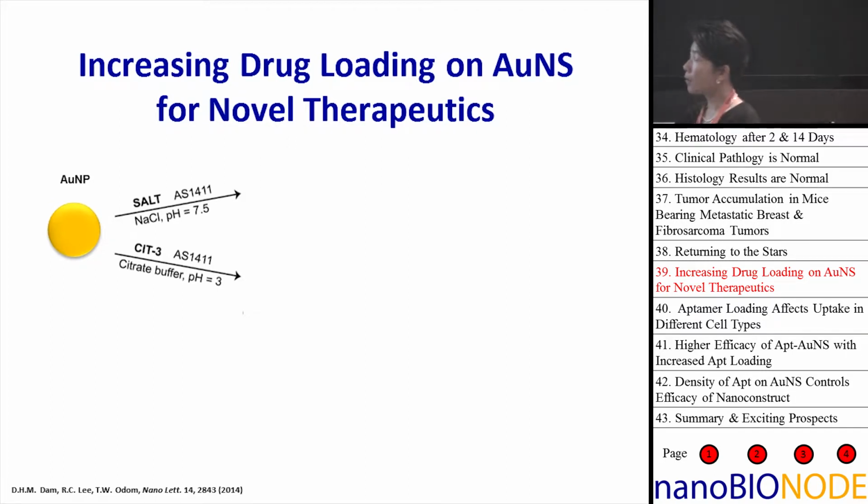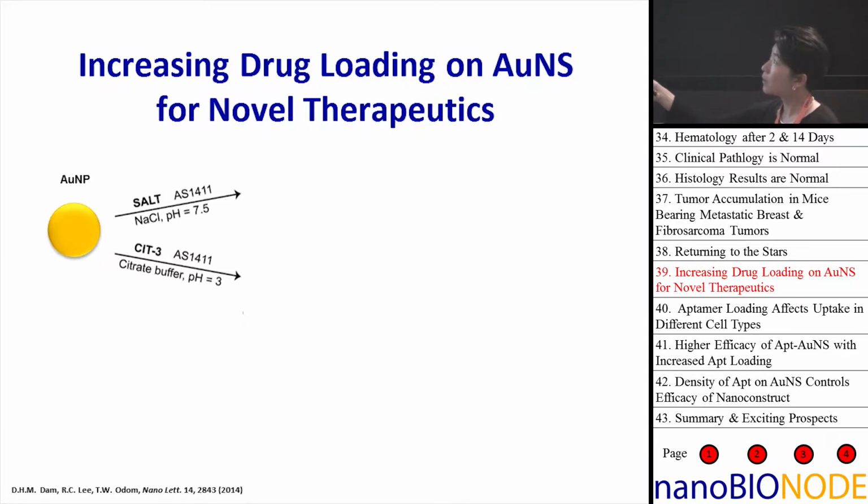But the other problem that we had found is that using this process to attach the DNA to the surface takes a really long time. There was this technique pioneered by Chad Mirkin, where you have gold nanoparticles, and typically they're capped by a citrate layer. This is typically how you make the colloids.